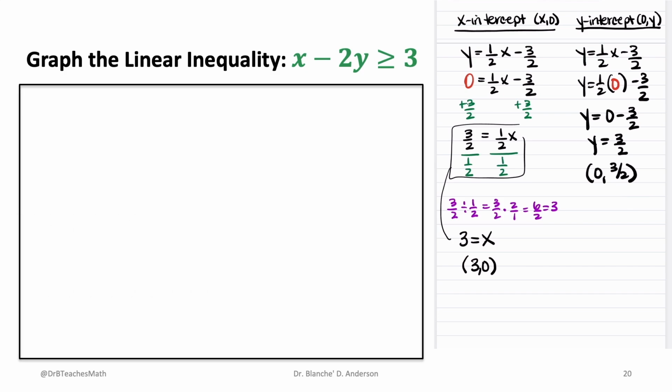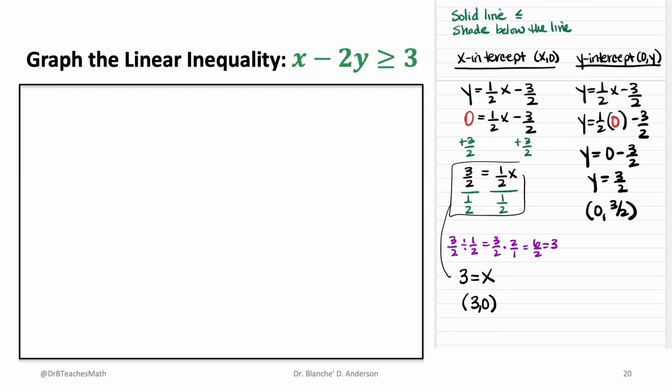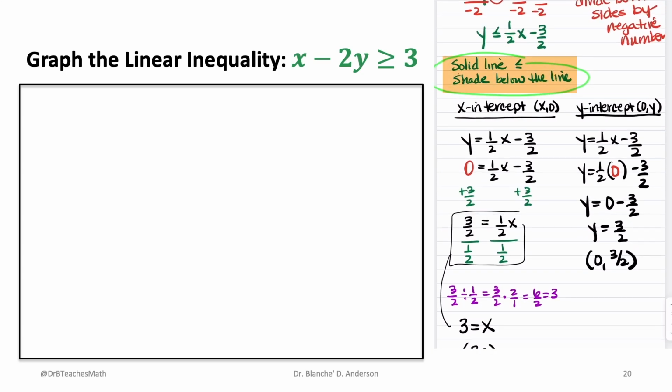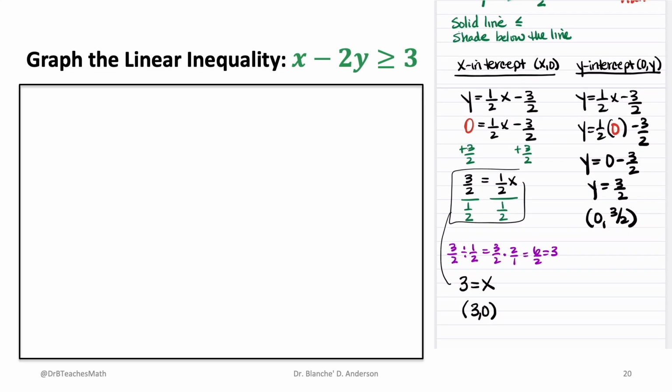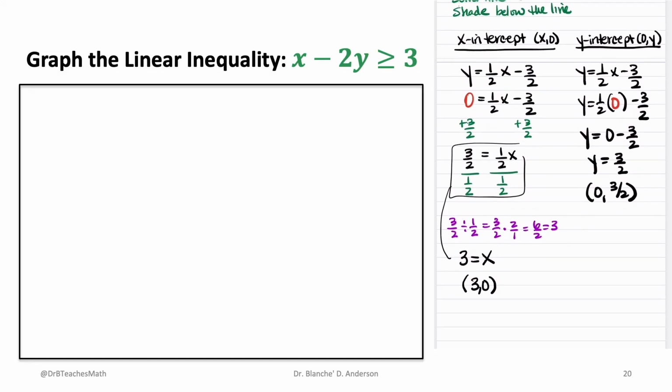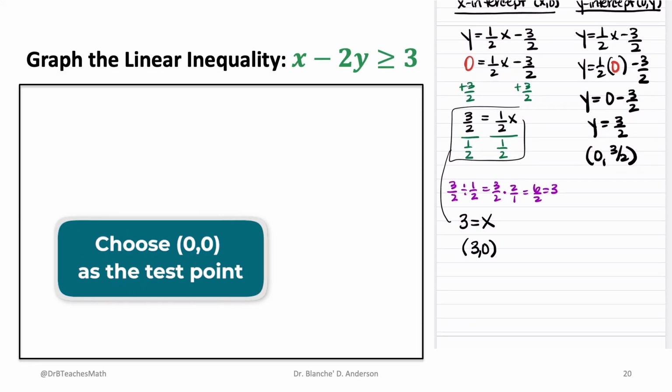Now, we already know that we're supposed to shade below the line because it's already in slope-intercept form. And this tells us because it's less than, we're going to shade below the line. But if we don't remember that, that's okay. Let's pick a test point, and the perfect test point is 0, 0.